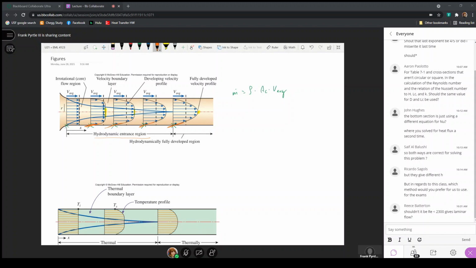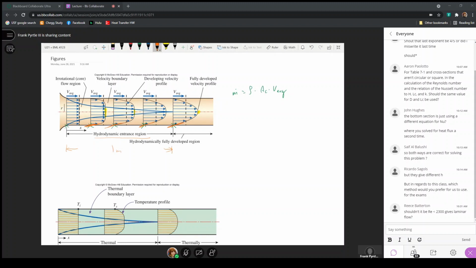So things that we have to consider for the flow are, number one, is it laminar or turbulent flow, which is just going to be based on the Reynolds number. And then we have to consider, is the hydrodynamic entry region a significant portion of the pipe? So let's say this hydrodynamic entry region was 1 meter in length.